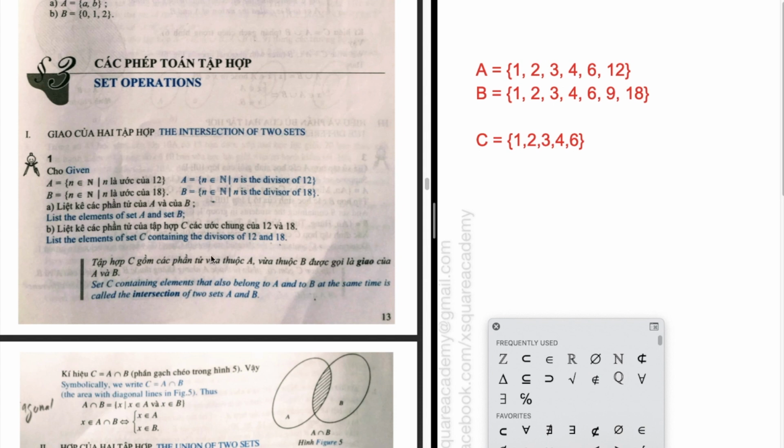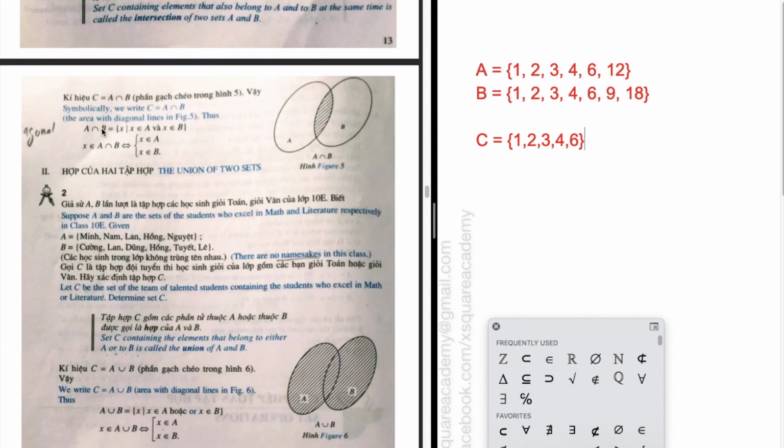And now the theory for this section. Set C containing elements that belong to set A and to set B at the same time equals the intersection of two sets A and B. You see, set C contains 1, 2, 3, 6, and these elements are also elements of set A and B. Symbolically, we write C is the intersection of sets A and B. We use this symbol.